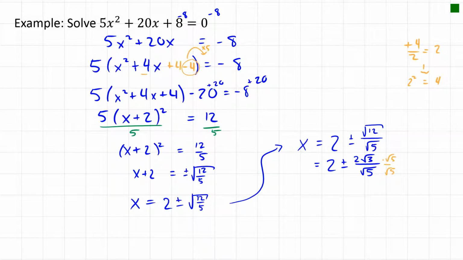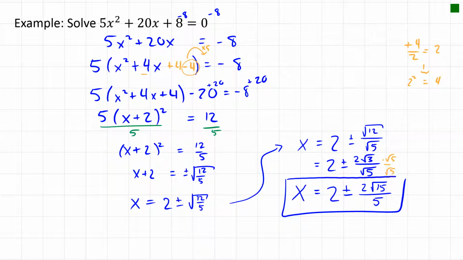So I only have to multiply this term after the plus or minus symbol by root 5 over root 5. And that would leave me with 2 plus or minus 2 times the square root of 3 times 5 is 15 over, and then the square root of 5 times the square root of 5 is 5. So there is my simplified best answer for this problem.